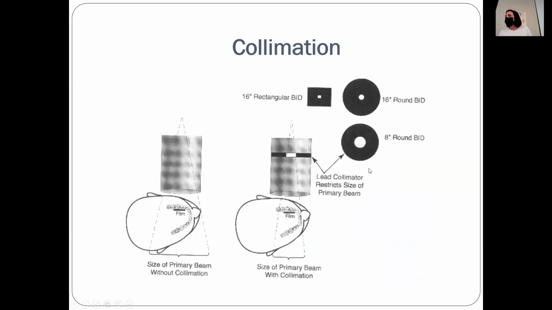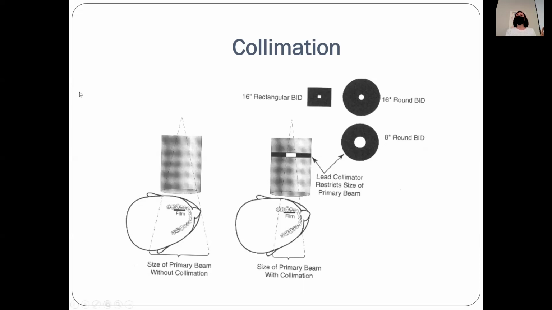Okay, so what is this showing me? This image shows the exposure of X-rays if there was no collimation. As the X-rays come out of the tube head, they come off of the anode, through that little vacuum tube, and down the BID.